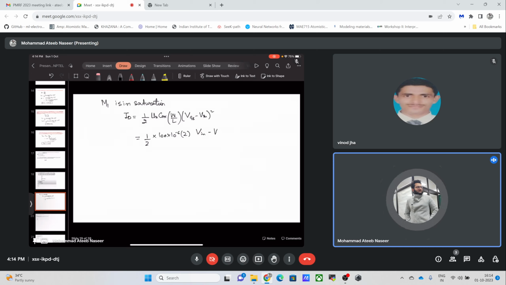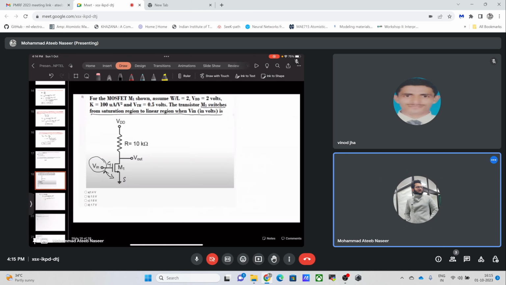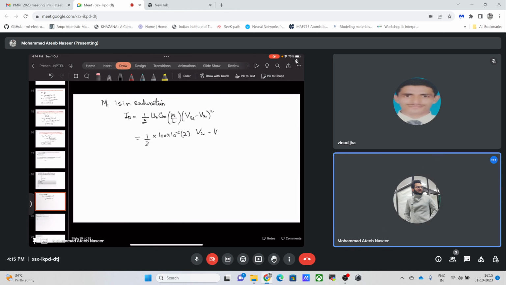VTH is 0.5 volts, so we have 0.5 whole square. So ID has the value 10 to the power of minus 4 times (Vin minus 0.5) whole square.